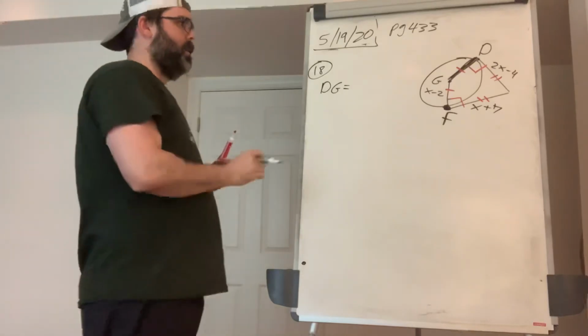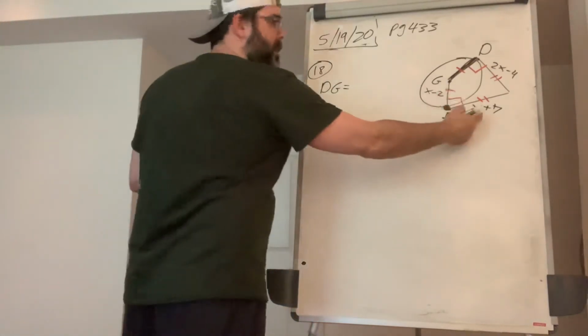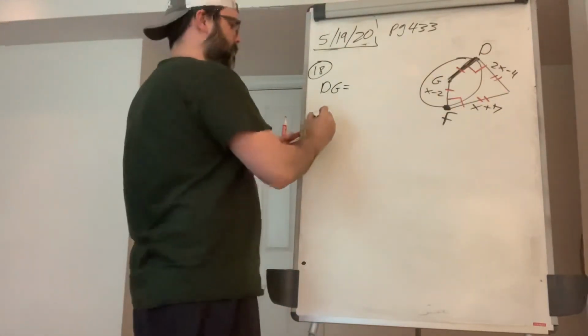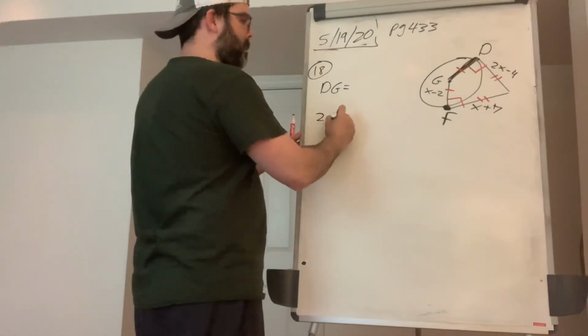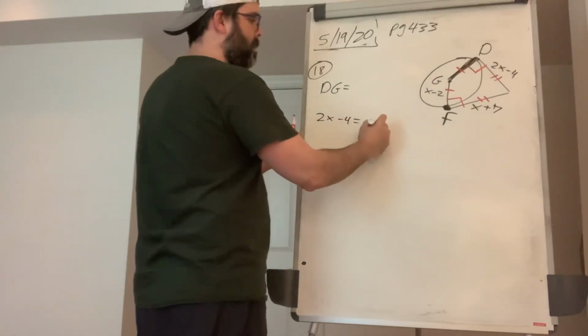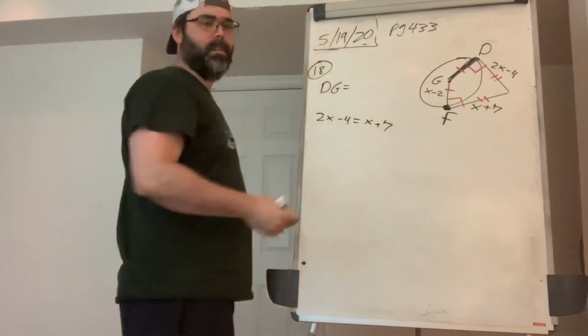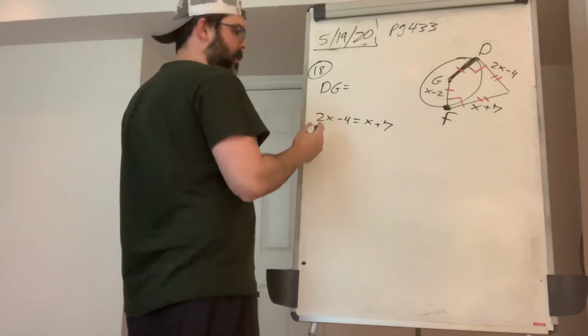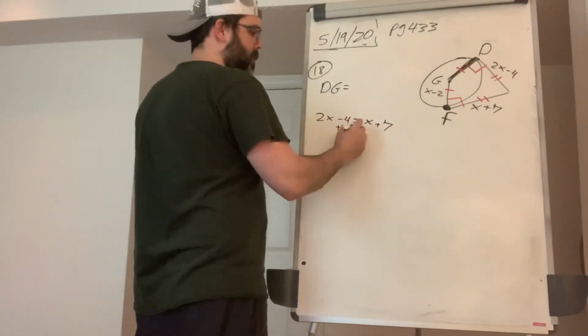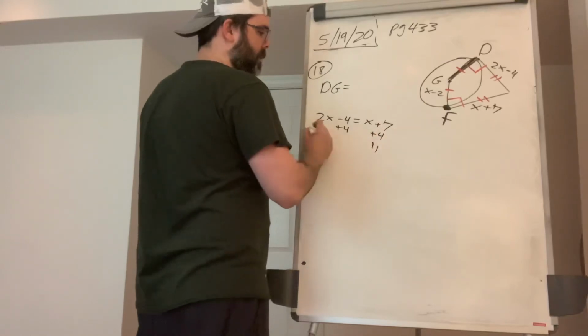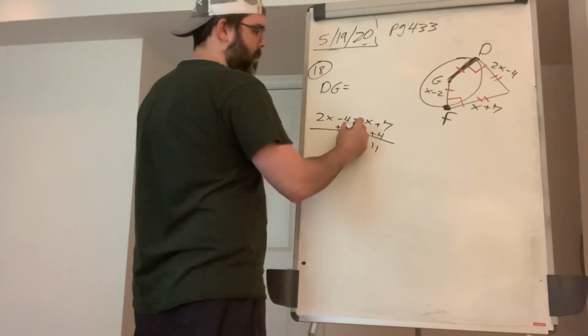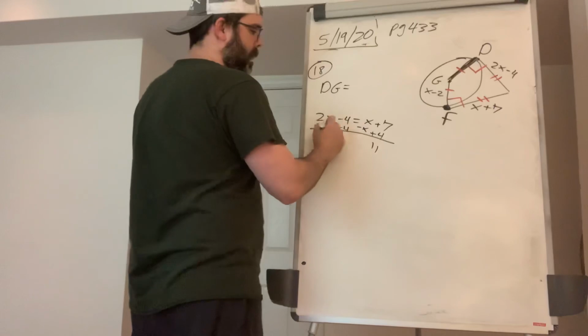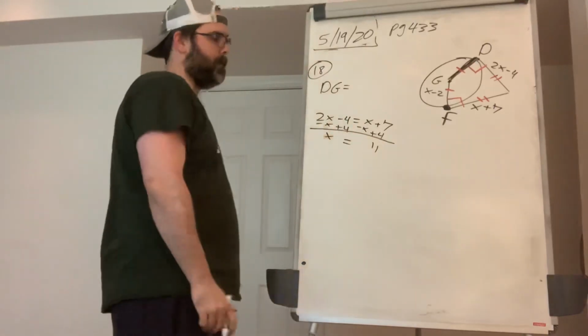Okay, so first thing we got to do is set this equal to this because they're congruent. So 2x minus 4 equals x plus 7. We're going to solve for x. Plus 4 is 11, minus x, and we get x equals 11.